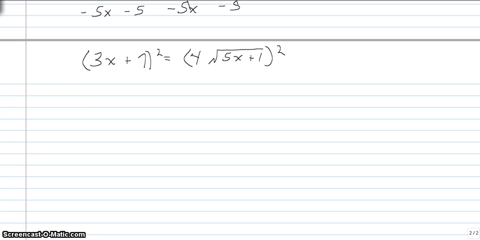On the left side, I'll be doing my FOIL method again. And on the right side, I'm going to take 4 to the power 2, which is 16. And I'm going to take this radical to the power 2, which eliminates the radical.